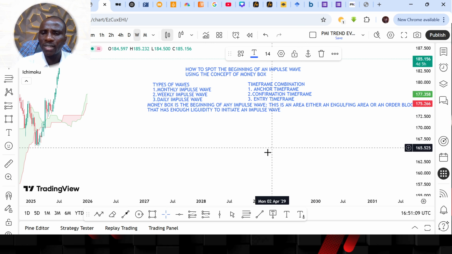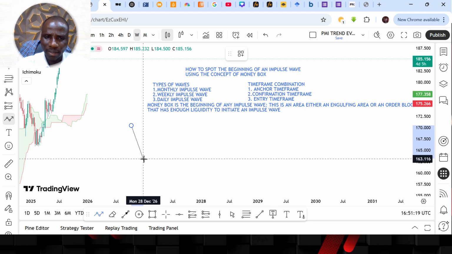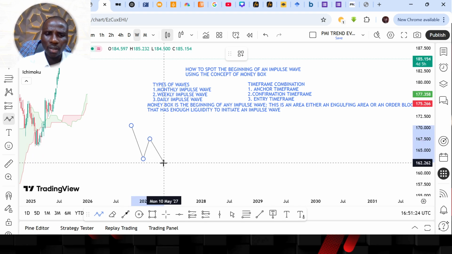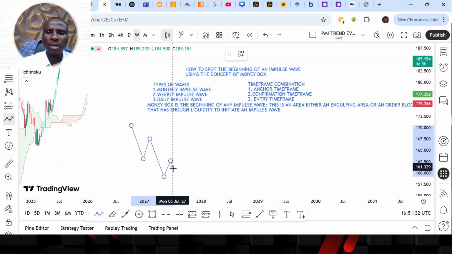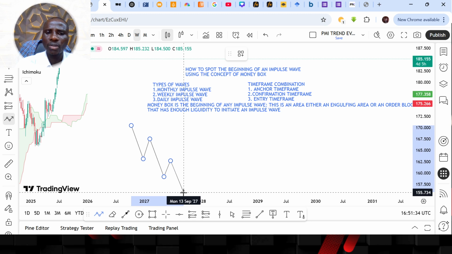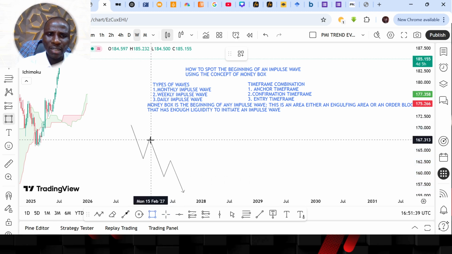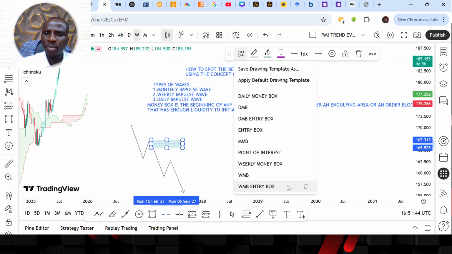Now, let me try to give you a theoretical picture. Suppose you are in a downtrend, maybe let's say on the weekly chart, and this is the position or the outlook of the market. Now, the money box we are talking about will always come in around the beginning of a new impulse wave, something like this. You say money box.